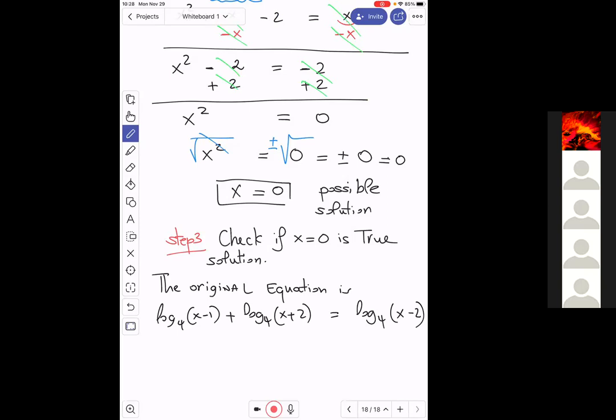Now, as I said, whatever you have inside the log must be positive. Otherwise, it's undefined, right? So the x minus 1 must be positive, the x plus 2 must be positive, and the x minus 2 must be positive, right?